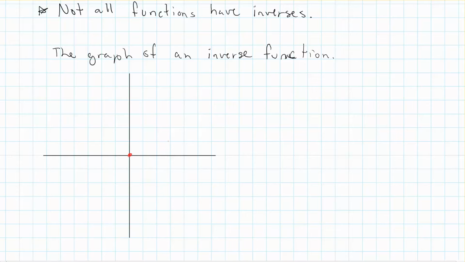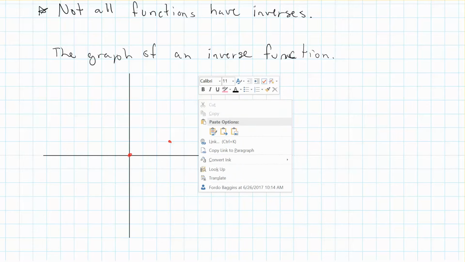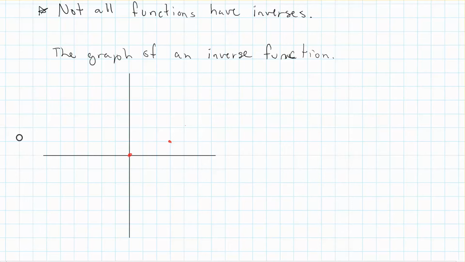You don't have to have these points plotted necessarily, but for graphing purposes it's going to help me. And let's actually do this point right here. So this is the graph of f at x here. It'll just start at 0 here.